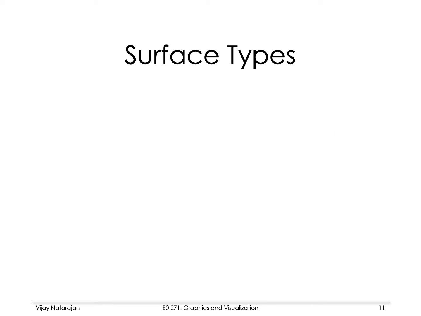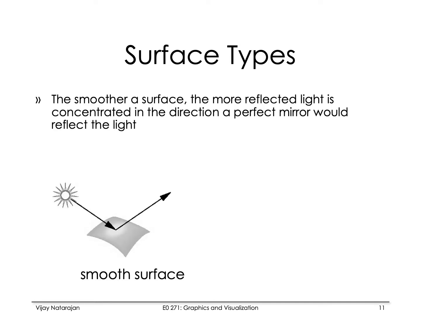Next, let's talk about surfaces and surface types. The first surface naturally is a mirror, the perfect reflector. So when a light ray hits a mirror, it gets reflected in exactly one direction, no scattering. A smooth surface is not a perfect mirror.